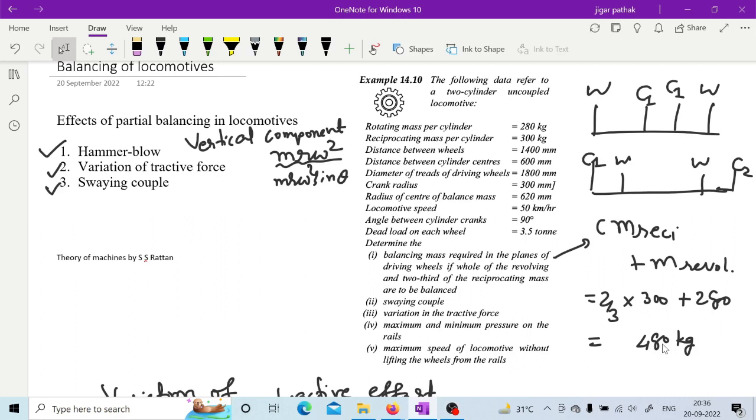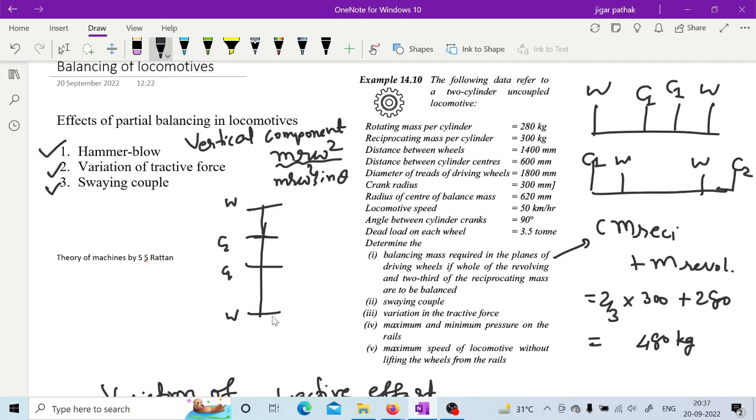Yes, sir. So now here what you have to do is consider these 4 different planes, and take one of the planes as the reference plane. If you consider these 1, 2, 3 and 4, it is an inside cylinder maybe, so C1 C2 may be here, and this may be your wheel, 1 and 2.